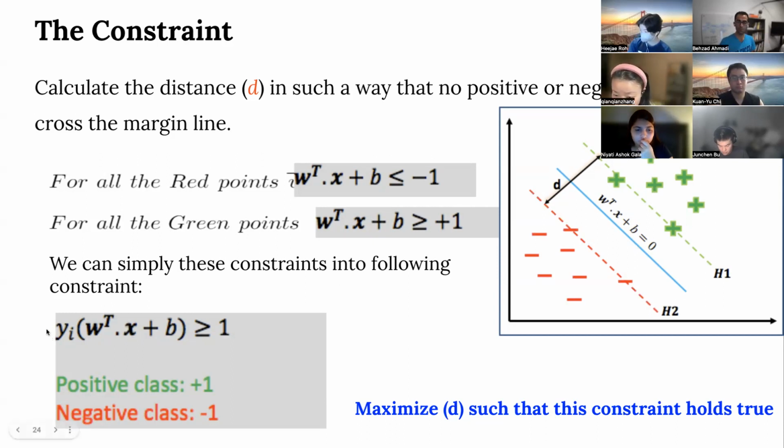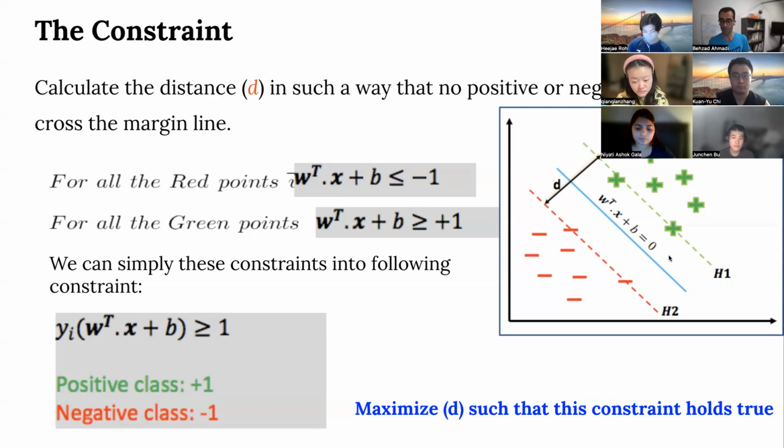For every point Y, you multiply it by WTX plus B. You have these observations, Y_i, that you can multiply by WTX plus B. This time, if you get larger than 1 for a positive class, that's good. If you get smaller than -1 for a negative class, that's good. Otherwise, you have a penalty.